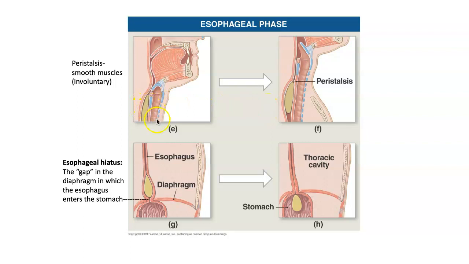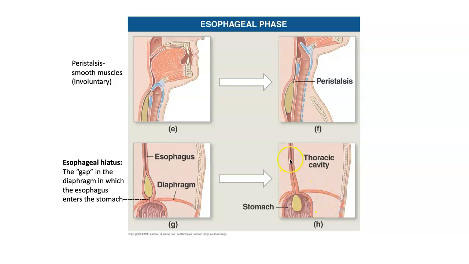The middle 1/3 is going to be a mixture of skeletal muscle and smooth muscle. And by the time you get to the distal 1/3 of the esophagus, it is all smooth muscle. So once you initiate swallowing with your skeletal muscles, the food will be sent down the esophagus through peristalsis, through those peristaltic waves that will take it into the stomach.